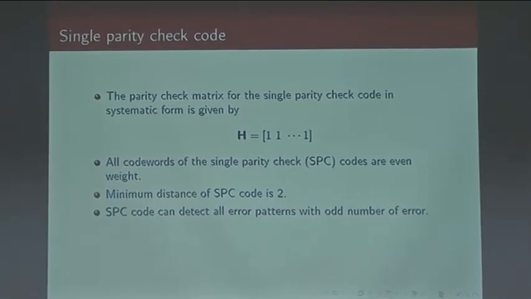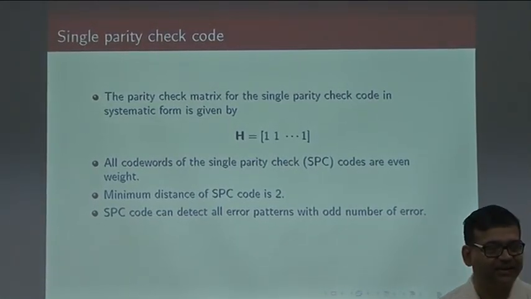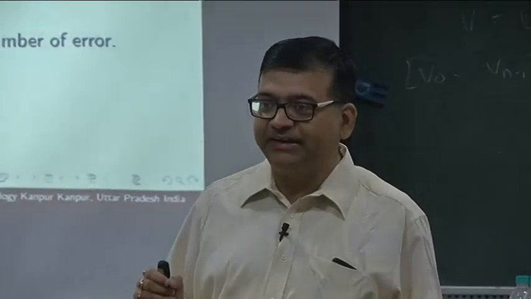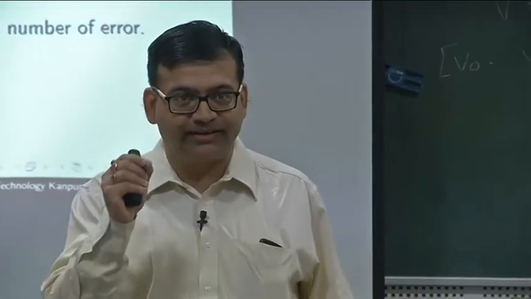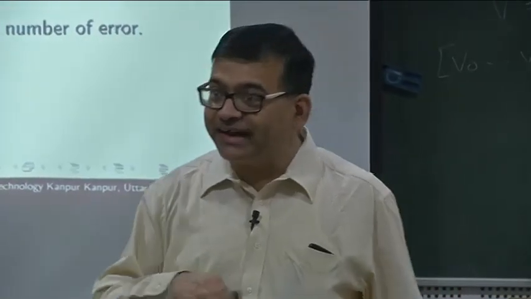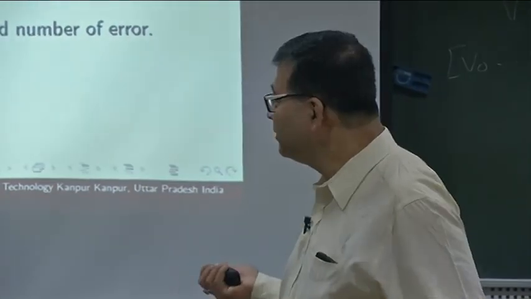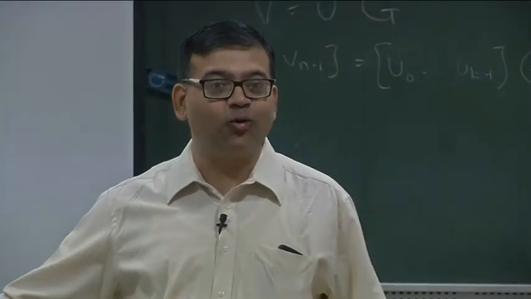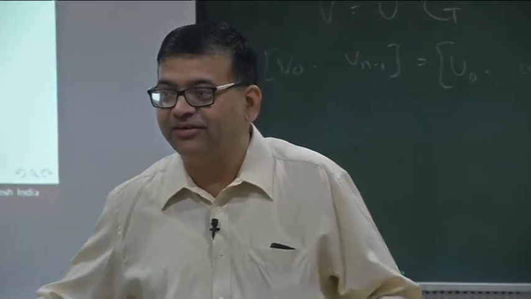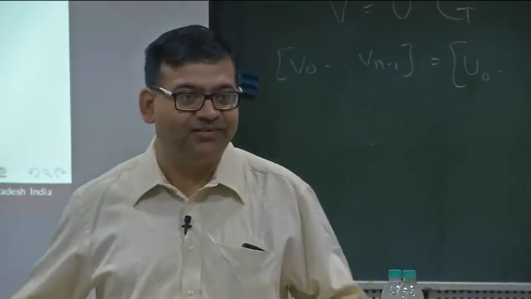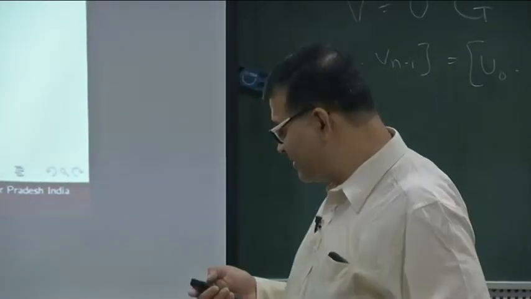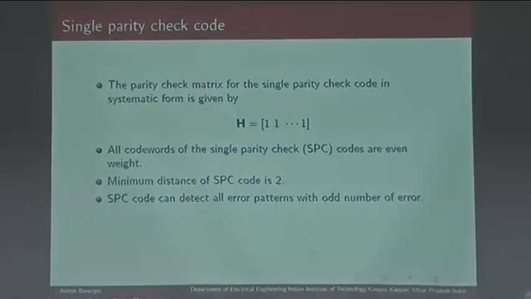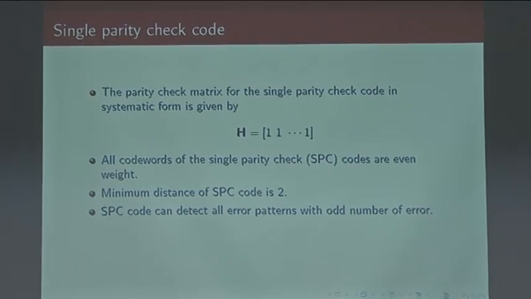But the beauty about this code is, it is not guaranteed to correct any error, because the minimum distance is 2, and it is guaranteed to detect 1 error. But even though its minimum distance is 2, it can detect all odd weight errors, errors of weight 3, weight 5, because it has this nice property that all code words are of even weight.